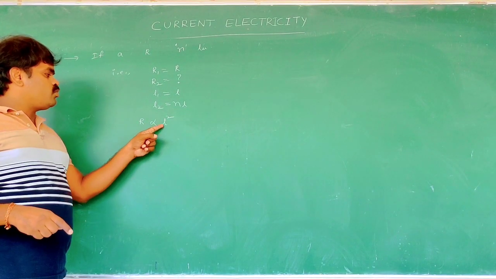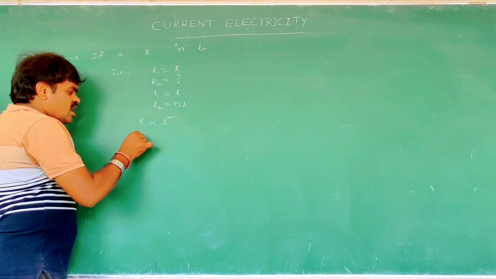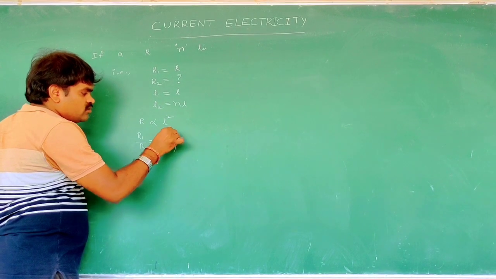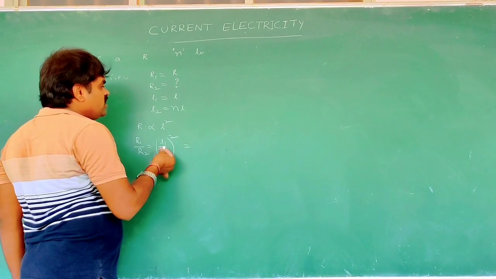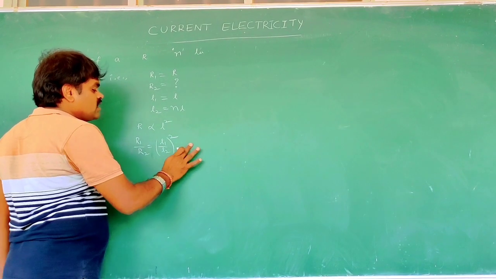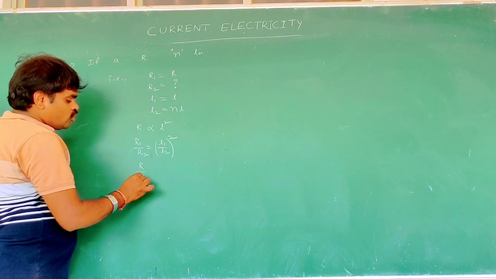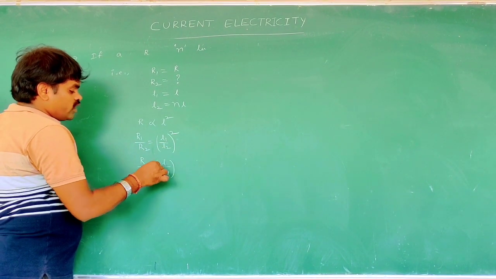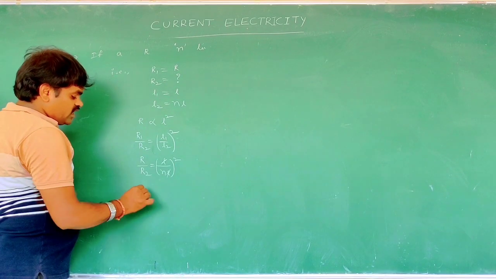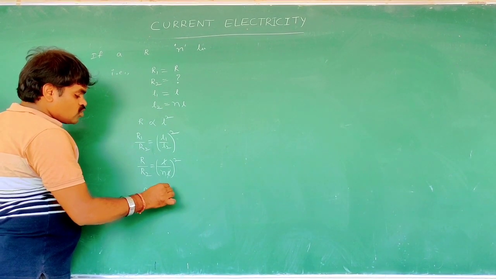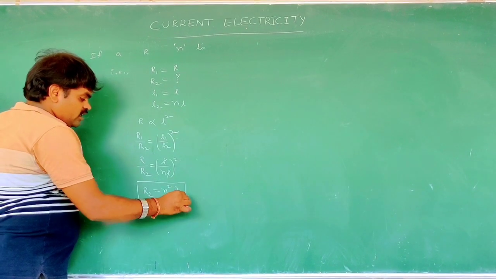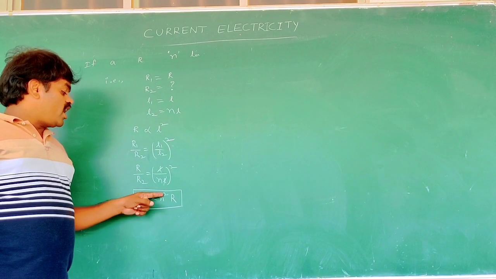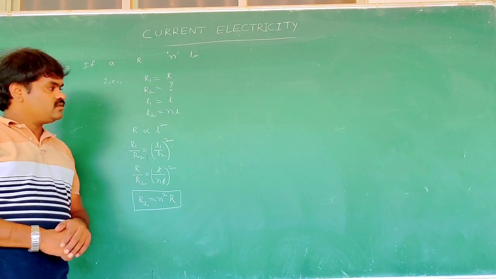That is, R1 by R2 is equal to L1 by L2 whole square. Substituting, R1 is R, R2 we are finding, L1 is L, L2 is nL whole square. L square cancels, so R2 is equal to n square into R. Here the resistance of the conductor is increased by the square of its increase in length.